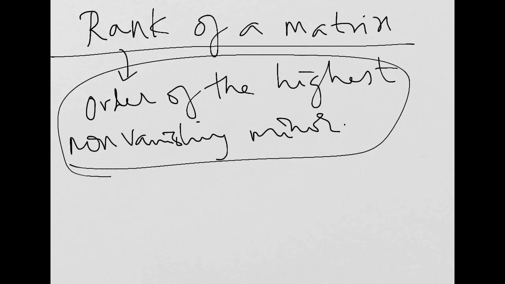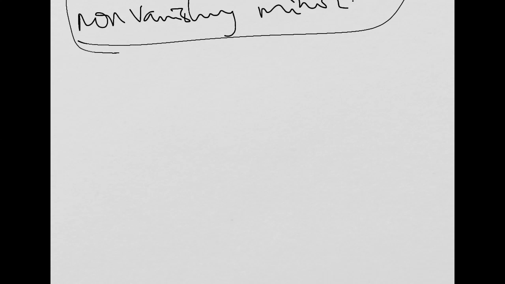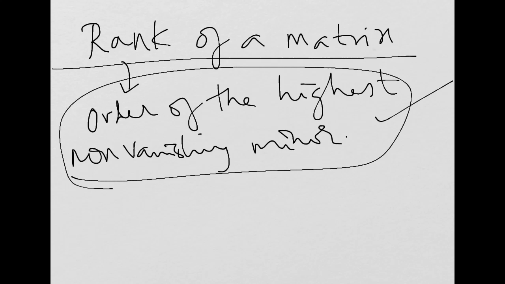Order of the highest non-vanishing minor is the rank definition. Obviously, we can't understand all this. Once I explain it to you, maybe after that you will understand the meaning of the order of the highest non-vanishing minor. Guys, this is important. If you have any matrix, your matrix is given in curved brackets. Say for example 1, 1, 1, 3, 2, minus 1, 3, 4, 5, minus 1, 7, 11.